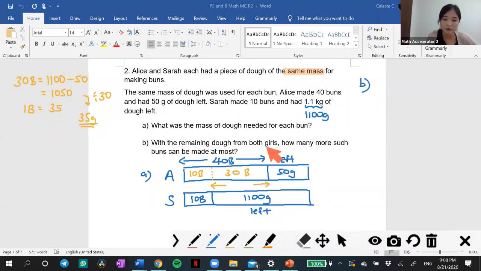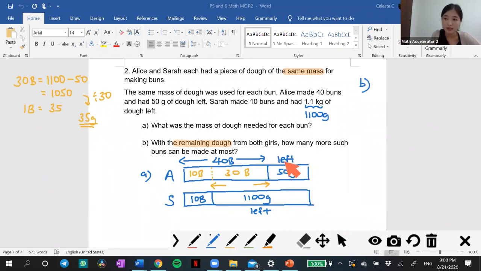With the remaining dough from both girls, how many more such buns can be made at most? So the keyword here is remaining dough. How do I find the remaining dough? Okay, sure, I can talk a bit louder. Okay, how do you find the remaining dough? Right, look at the model.